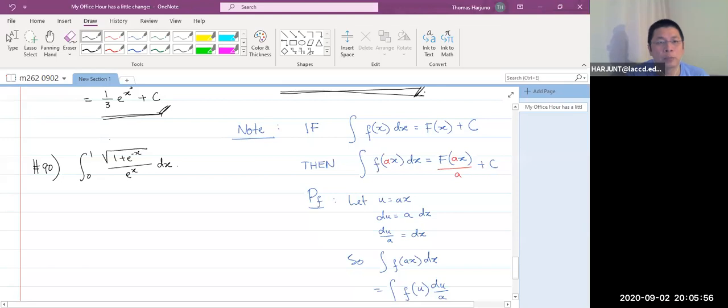We'll do u-substitution here. My u will be 1 plus e to the negative x, so my du will be negative e to the negative x dx.